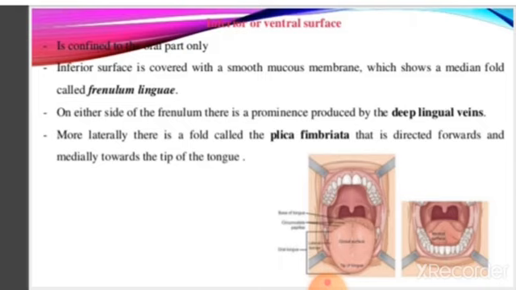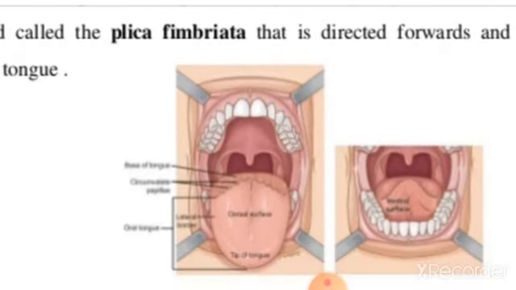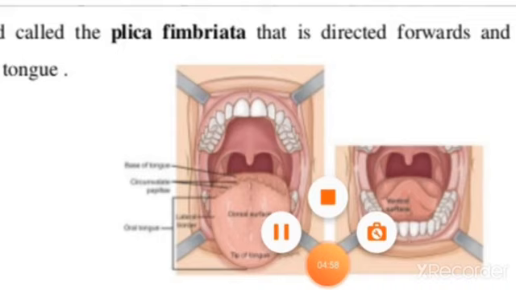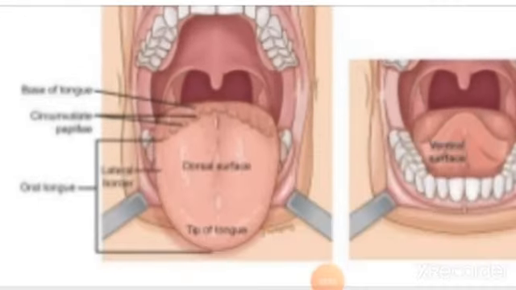The inferior surface is covered with a smooth mucous membrane which shows a median fold called the frenulum linguae. As you can see here, there is the frenulum linguae in the central part, in the ventral part.